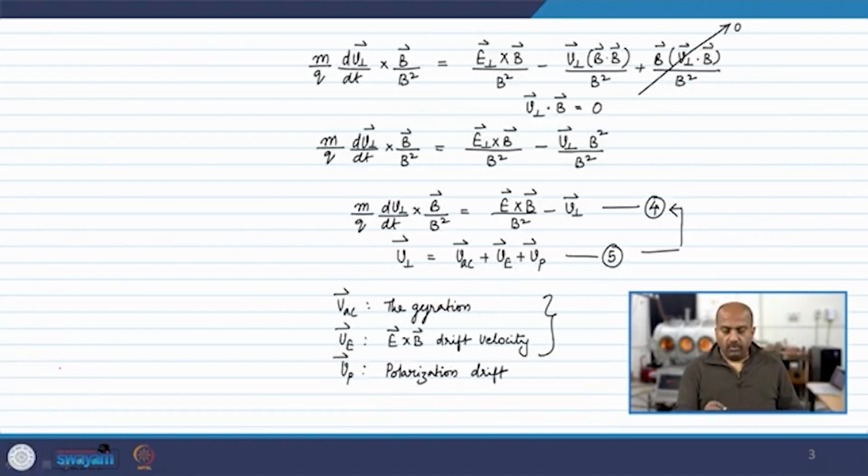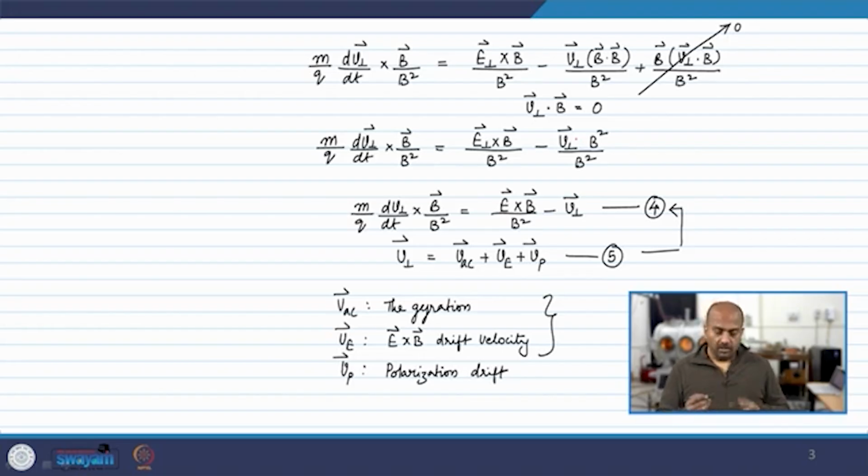When we expand the triple vector product, we get all these terms, and since the perpendicular component is at right angles to the magnetic field, we can make this term 0. Now, V perpendicular is affected by three things: an electric field, a magnetic field, and the time dependence of the electric field.